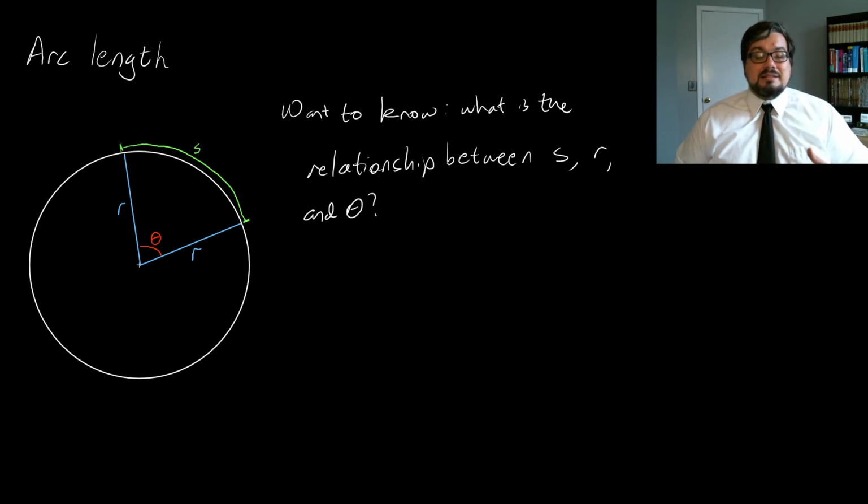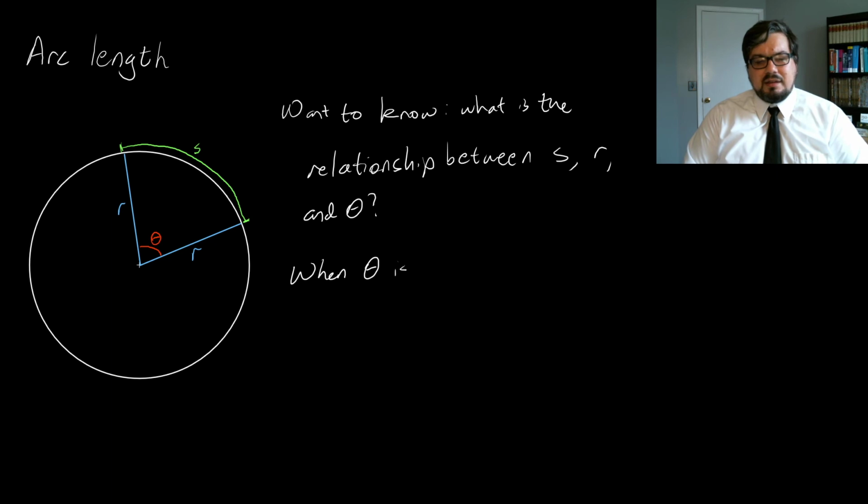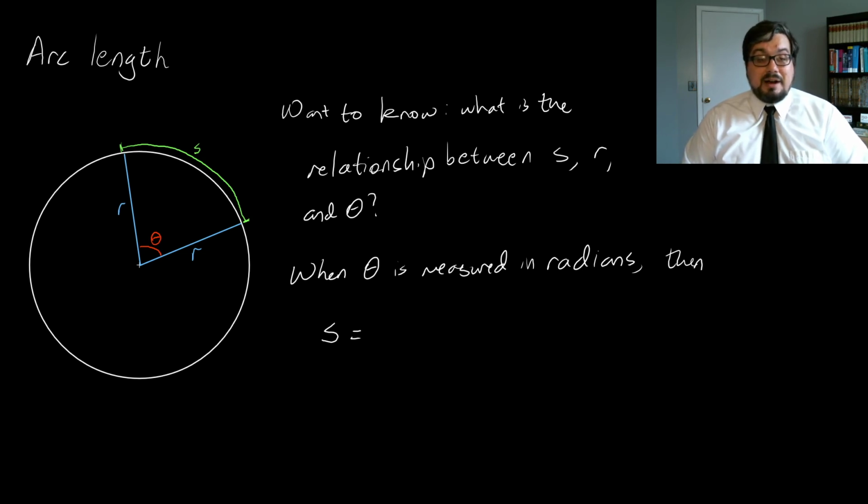And the excellent fact that we have is that when we're working with radians measures for the angles, the relationship between these three quantities is very simple. So when theta is measured in radians, then S, the length of the arc defined by the angle theta sitting inside a circle of radius r, is equal to simply r times theta.